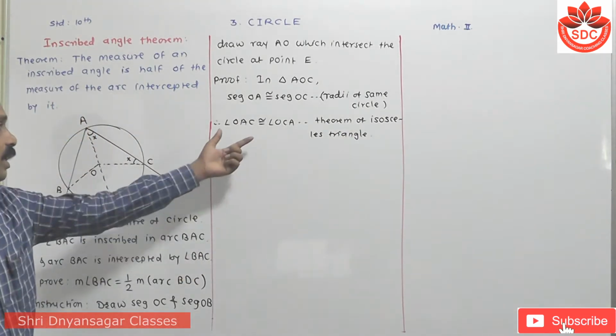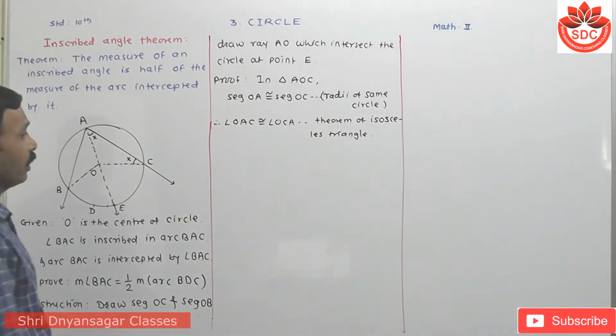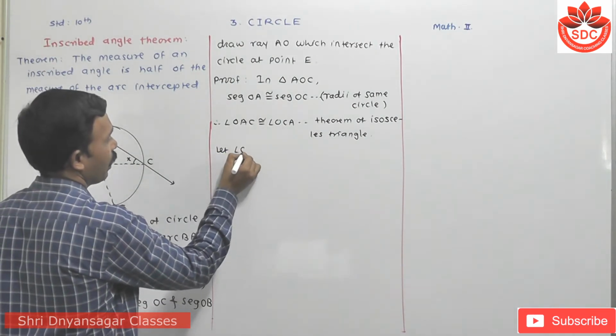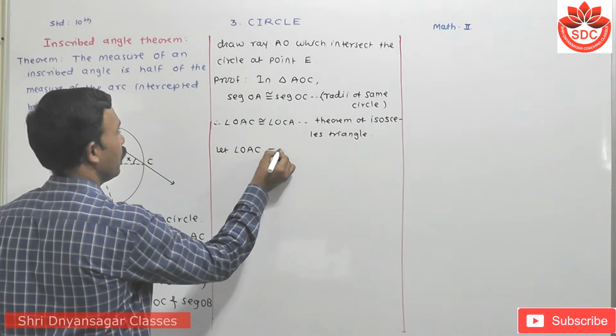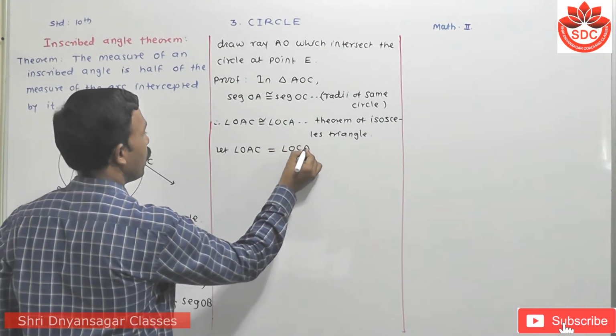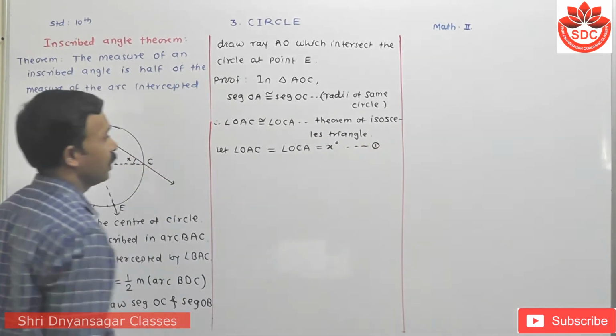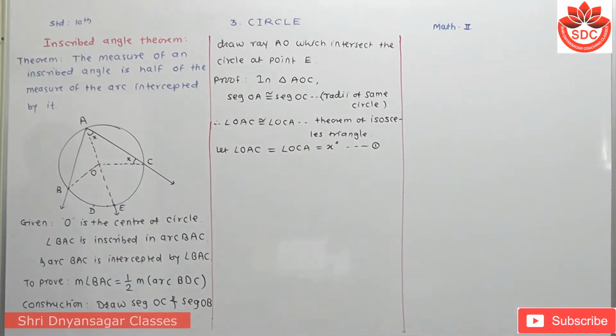If these two angles are congruent, let these angles have measure: angle OAC is equal to angle OCA is equal to x degree. Suppose that this is our equation number 1.